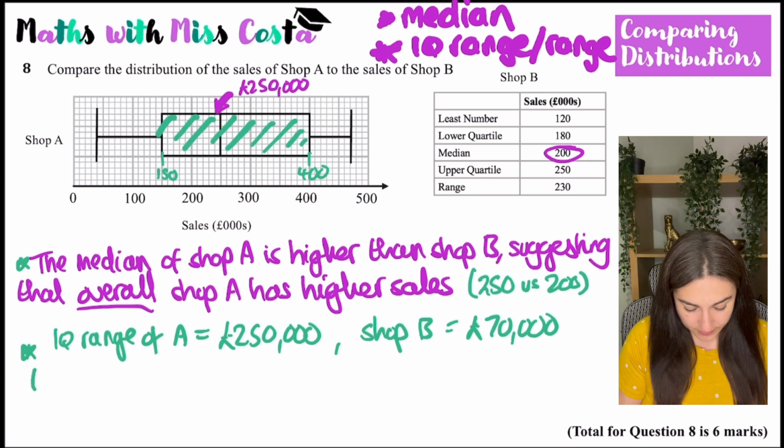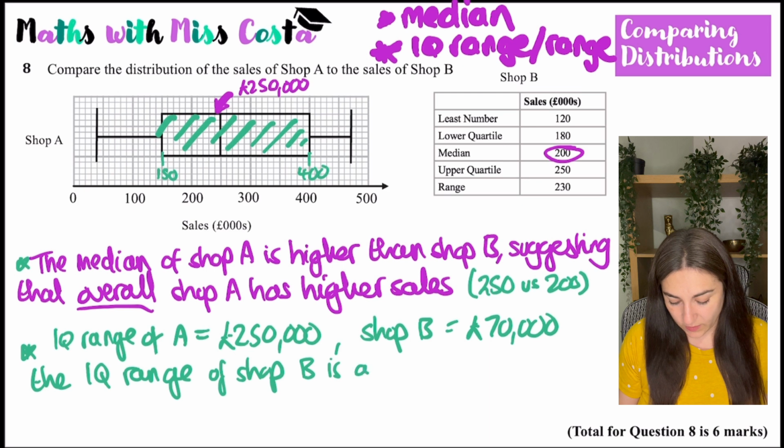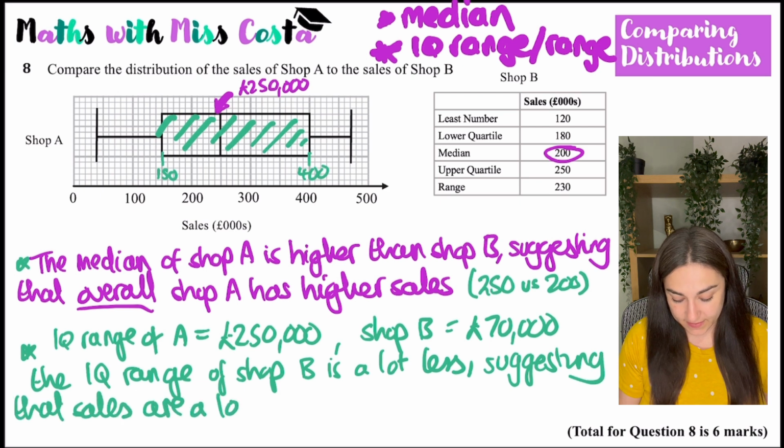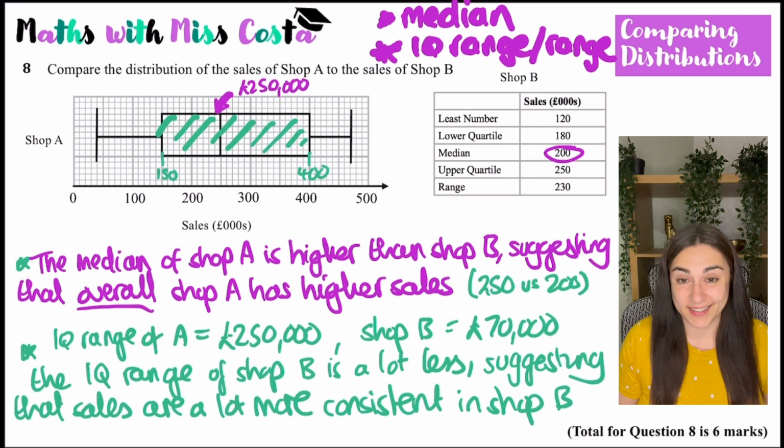So the interquartile range of shop B is a lot less, suggesting that the sales are a lot more consistent in shop B. So the spread of data is a lot smaller.